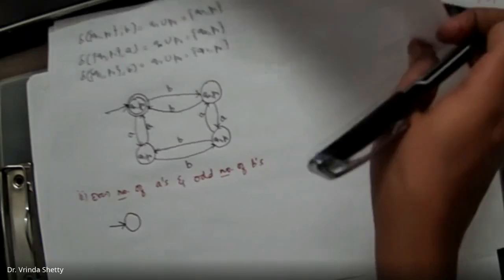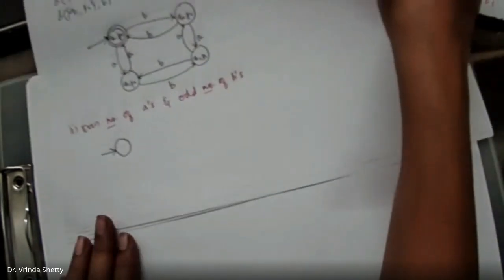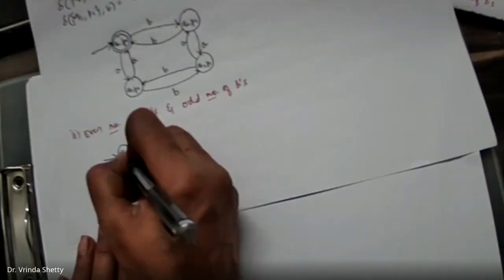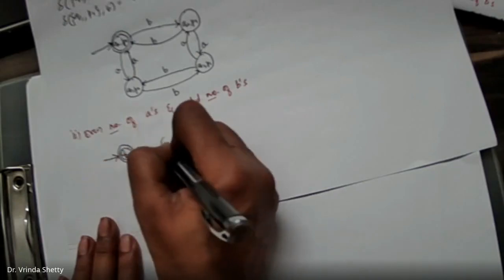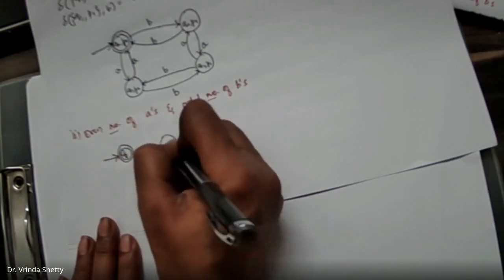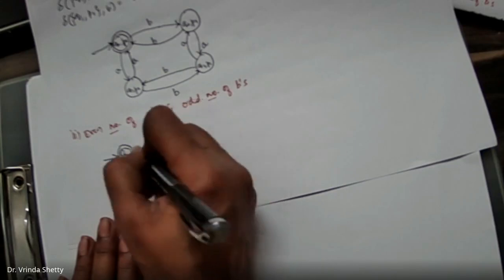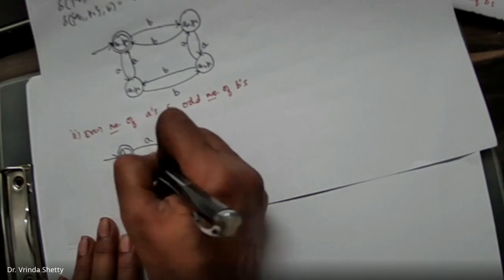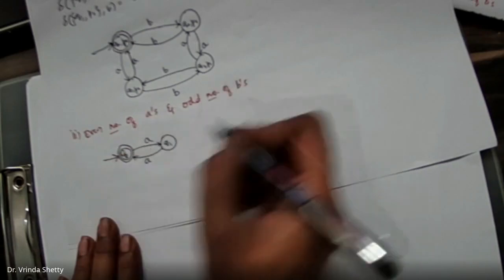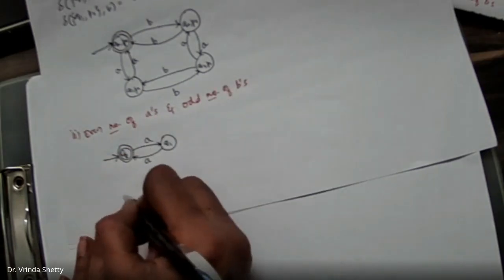It will be the same. For even number of A's, this is going to be the final state, Q naught, Q1. This will accept even number of A's. To accept the odd number of B's, what we'll do?